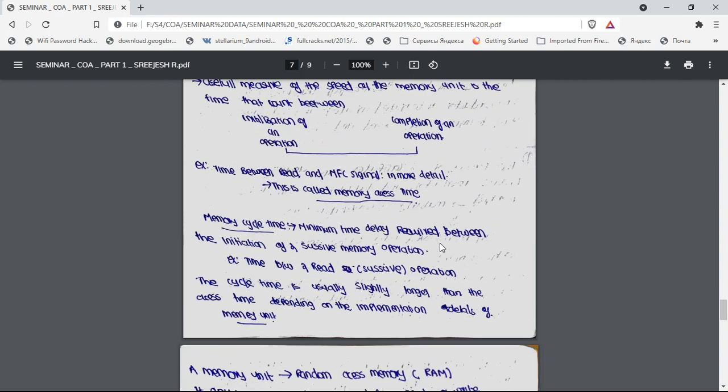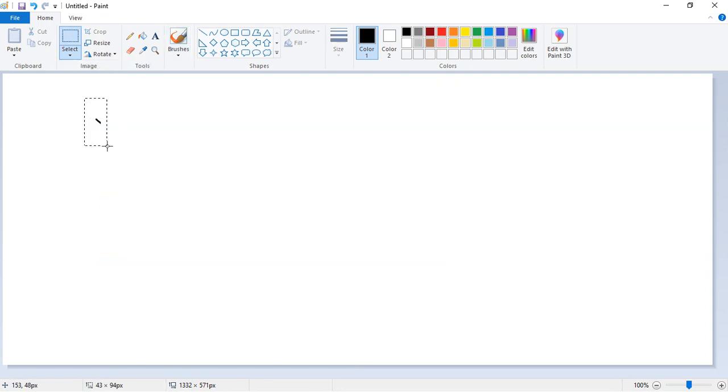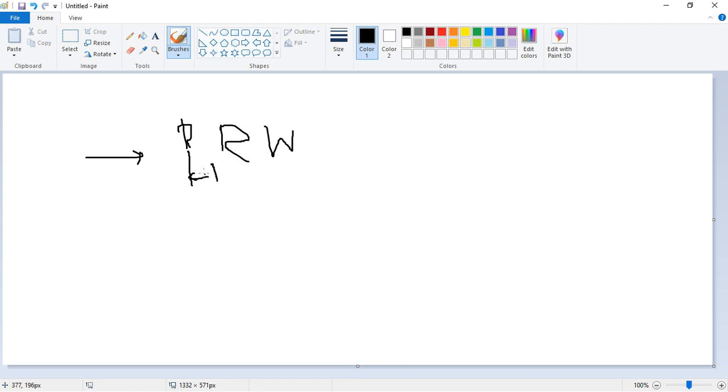And the memory cycle time is the time delay between two successive memory operations. Let there be a read operation that is completed, then again a read operation, and then a write operation. This is the sequence. The time difference between two successive operations, whether read and read, or read to write, anything, is known as the memory cycle time.